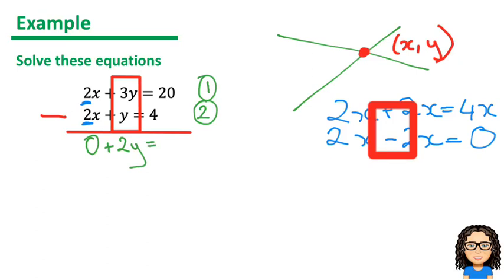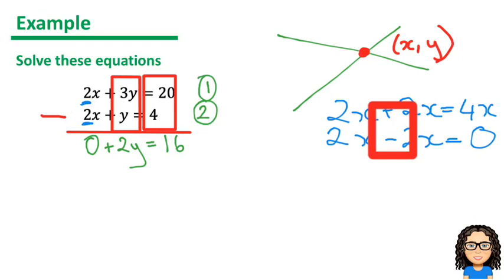Then I've got my equals, and now I'm going to check my numbers. And so I've got 20 take away 4, and 20 take away 4 is 16. So what I now have is a third equation where I have now eliminated the x variable, and I've only got the y variable in this equation.